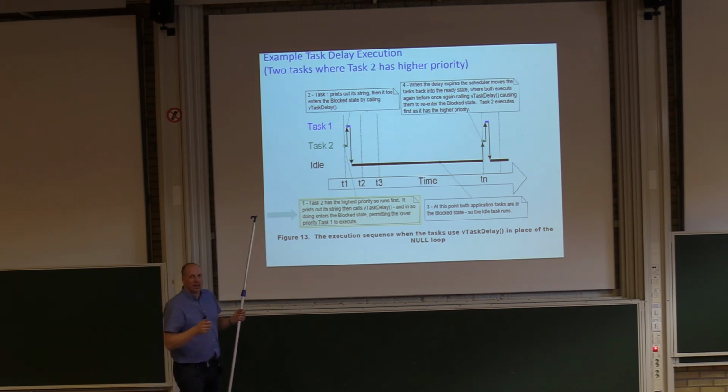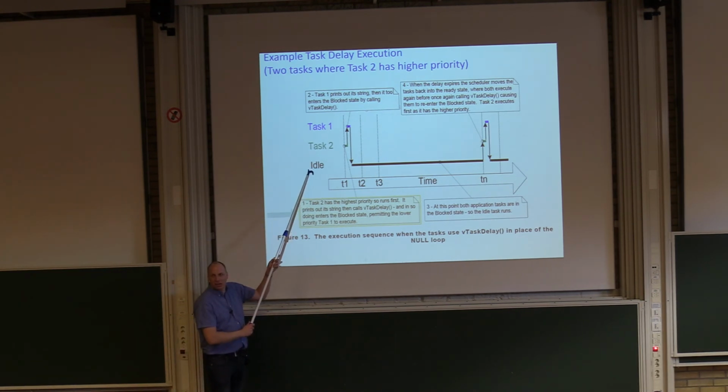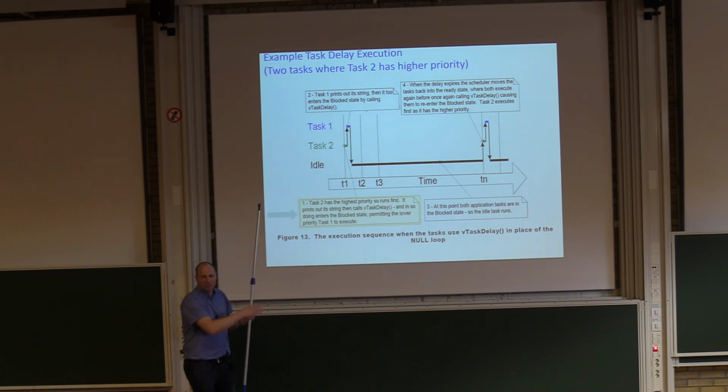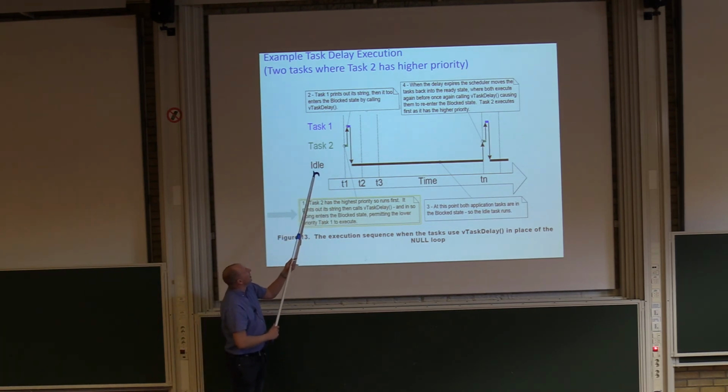But as I mentioned, there is always one thread in the idle queue, and that's called the idle process or idle thread. It's the thread with priority 0. So if nothing else can be executed, the scheduler will start to execute this.